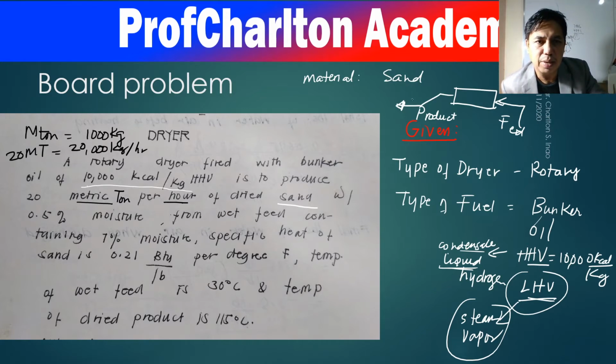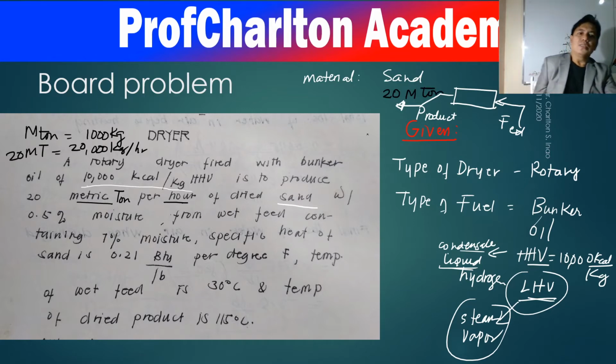So here at the product there is 20 metric ton. This 20 MT of sand is the product, and it's the P.